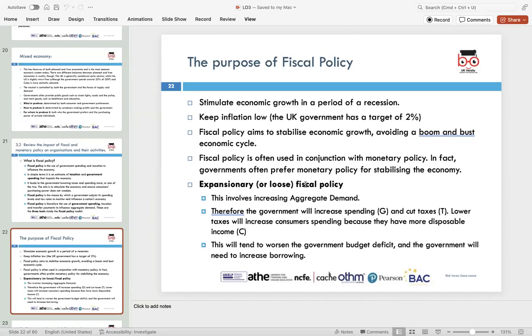Because of this, government will raise expenditures while simultaneously lowering taxes. A decrease in taxes will lead to an increase in consumer spending, since they have a greater amount of discretionary money. Because of this, the deficit in the government's budget will likely become much more severe, and the government will be forced to raise its borrowing.